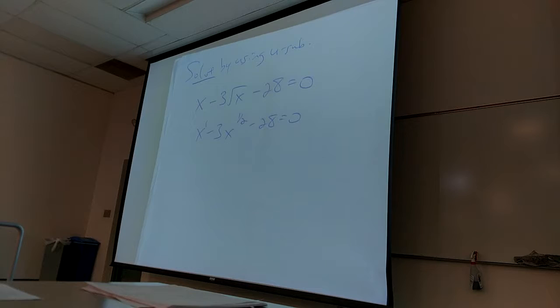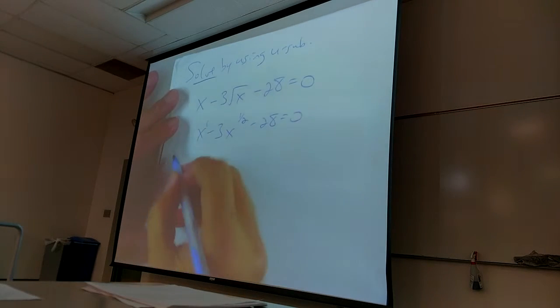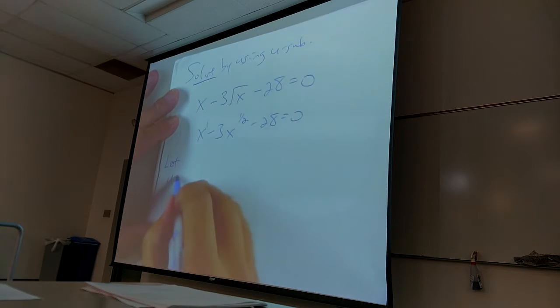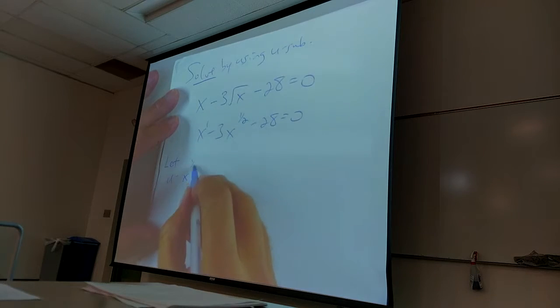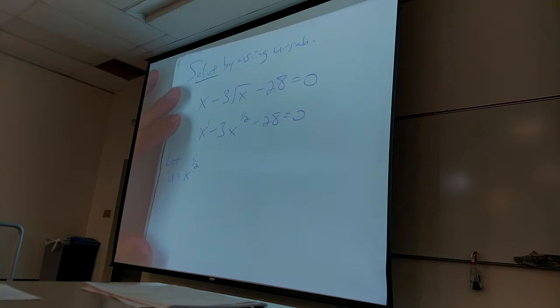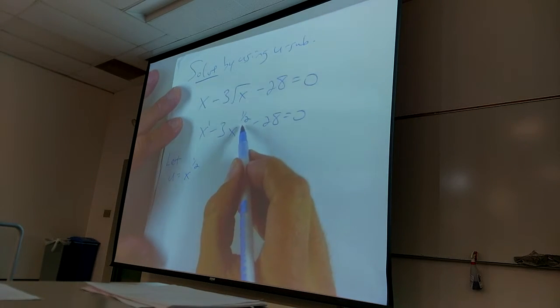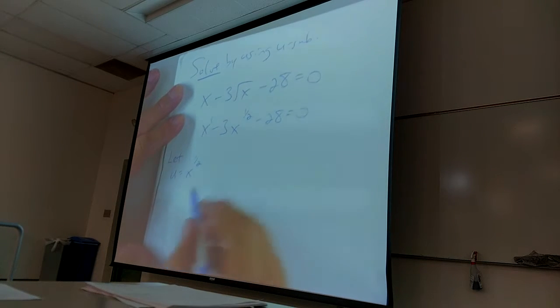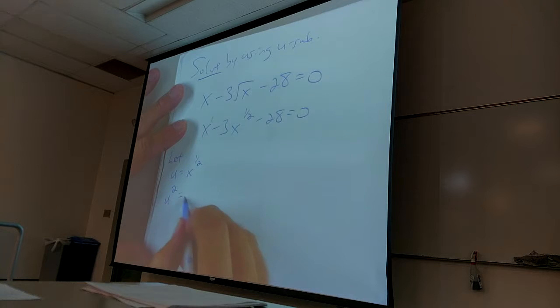All right. Now here's how the u sub works. Let u equal the middle dude. We just verified that the middle guy's power is half the first guy. So if I double the power by squaring this, what happens to this?